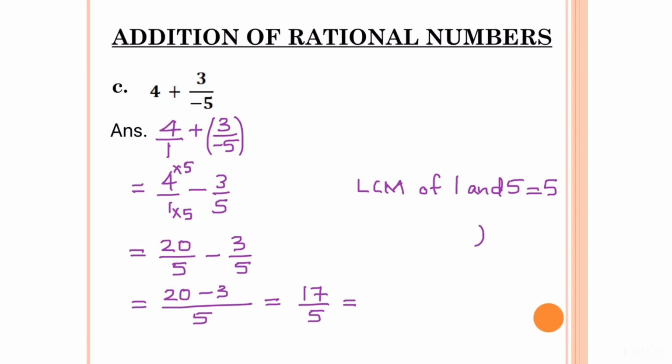We will divide 17 by 5. 5 times 3 is 15. Subtract it. 7 minus 5 is 2. 1 minus 1 is 0. So we can write it in the form of Q R by D. That is 3 2 by 5. Therefore, 3 2 by 5 is the answer.